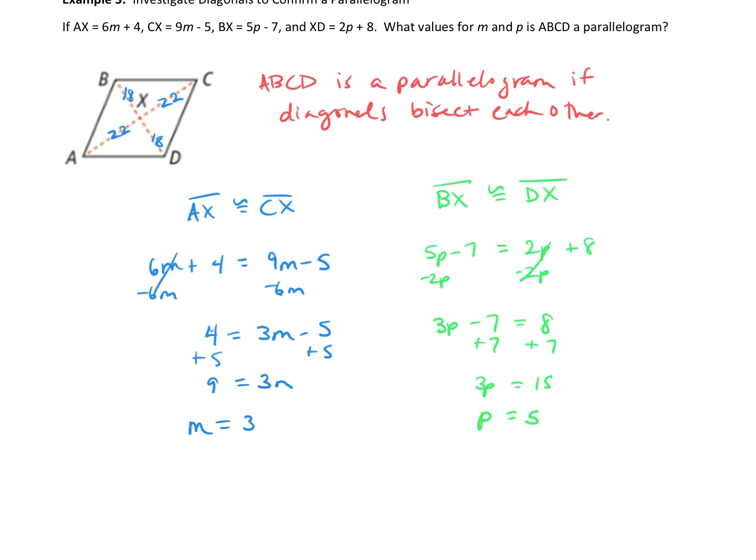So our concluding statement will be, if M equals 3 and P equals 5, then ABCD is a parallelogram. Those are the values for M and P that would have the diagonals bisecting each other.